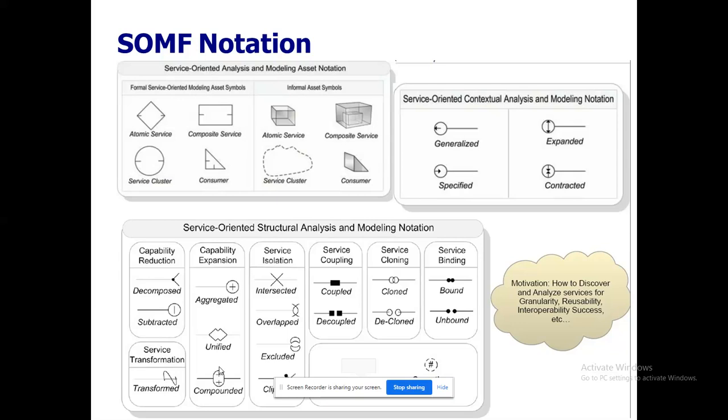And second thing, here the analysis and modeling notation has been given in two sections. So why have they been given in two sections?